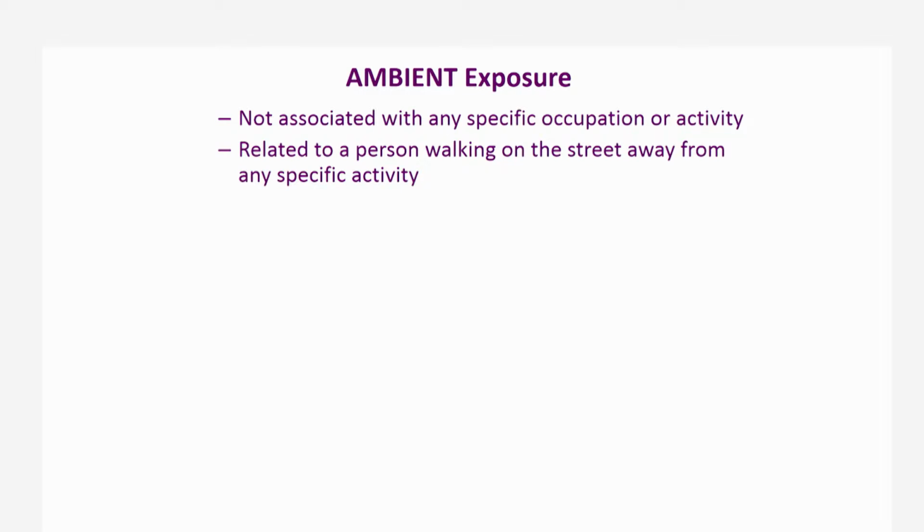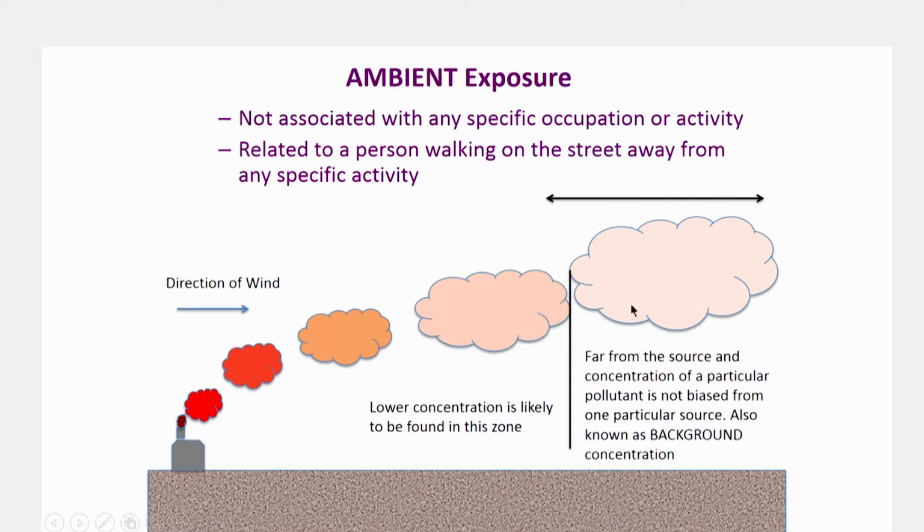In this same schematic, we are talking about this, and it is very far away from the source. So, it is also known as background concentration. What we call background is specifically not related to any activity. For example, if you are standing next to an automobile, you are exposed to emissions from the automobile, but if you are standing very far away from it.